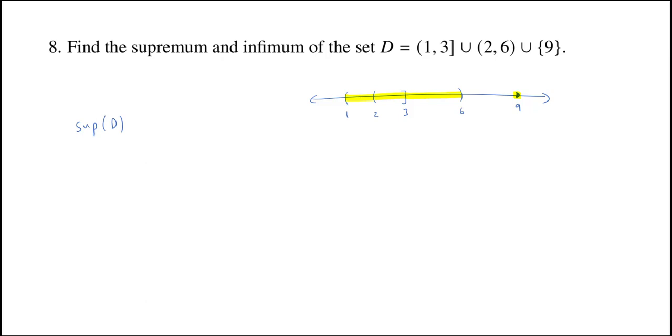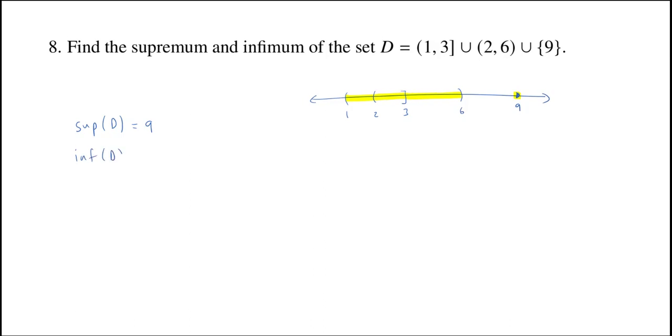So 9 is definitely in the set, and so that's actually going to be my supremum. Why? Well, it is an upper bound. 9 is at least as big as all the yellow points. Also, there's no smaller point which is at least as big as all the yellow points, because 9 is in that set.